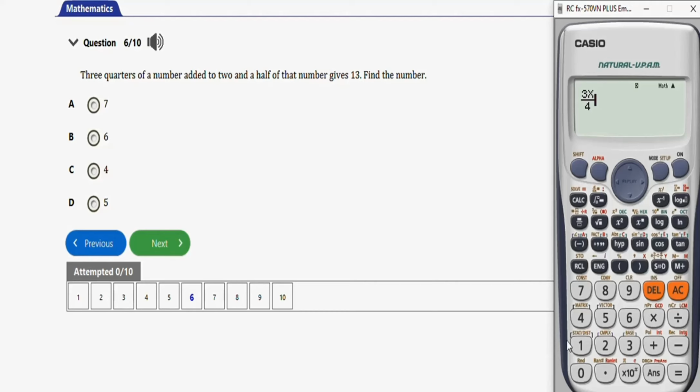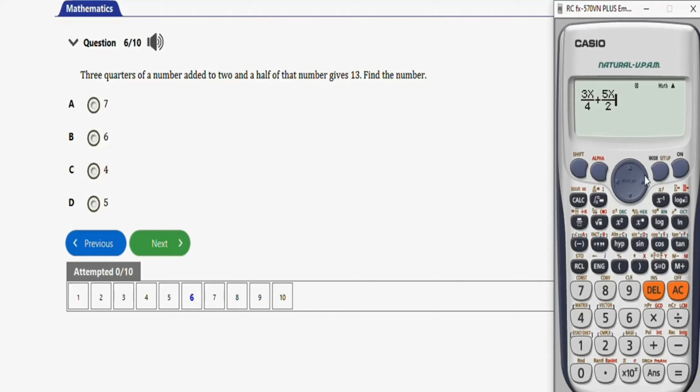Remember, we have added, so it will be plus 5 over 2. Of that number means times x again, so you get 5x over 2. So this is the interpretation of this sentence.